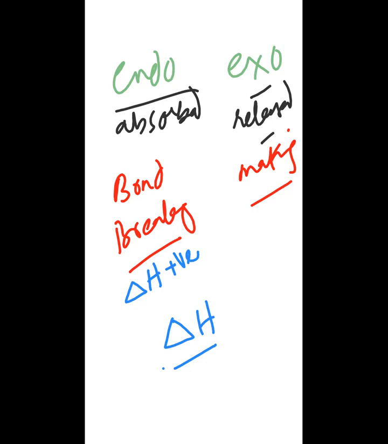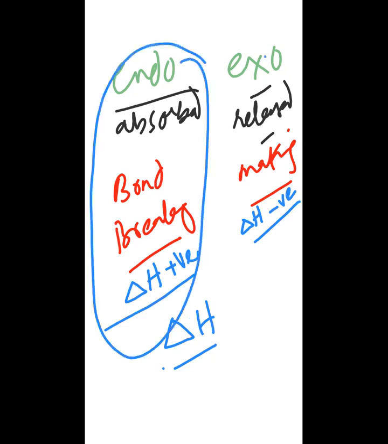And when the overall reaction is exothermic, we discussed yesterday, when products are releasing their own energy into the environment, the reaction is exothermic and the value of delta H will be negative. The value of energy change will be negative. This is all about the overall reaction.